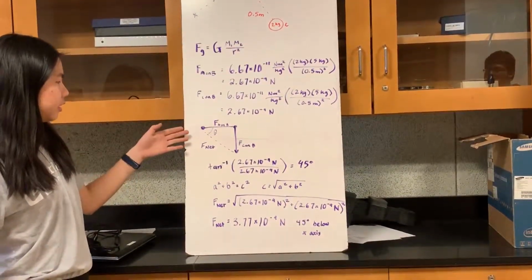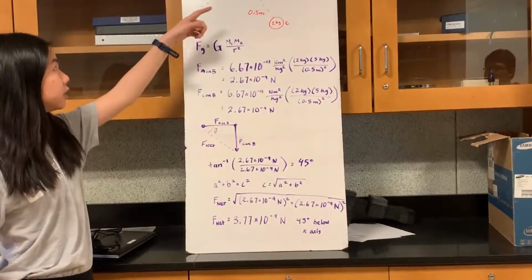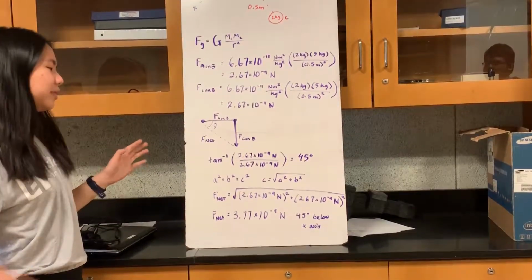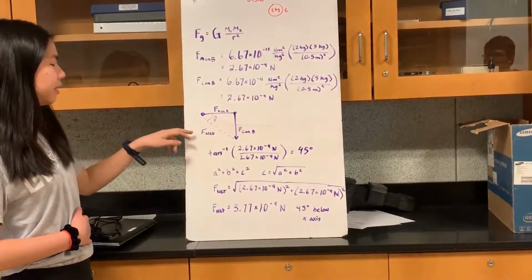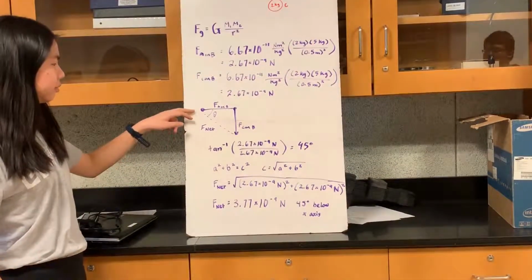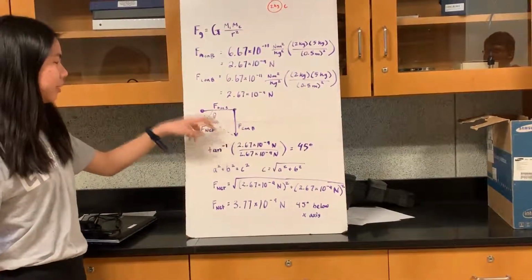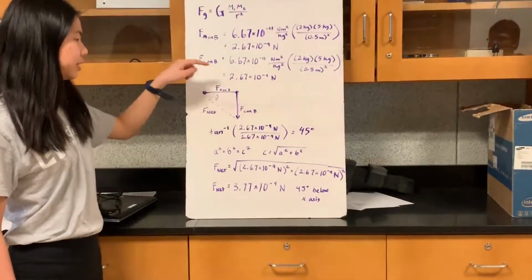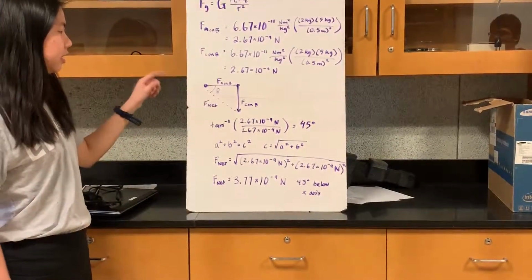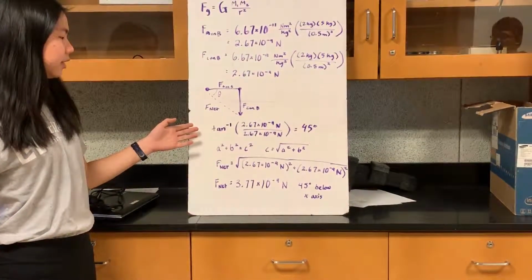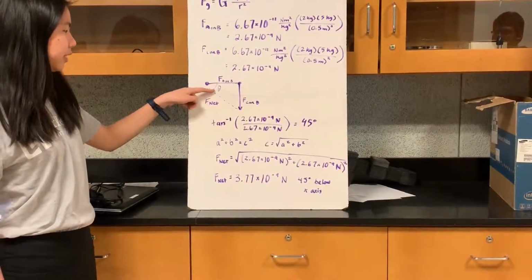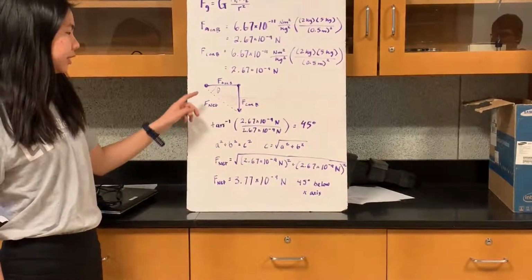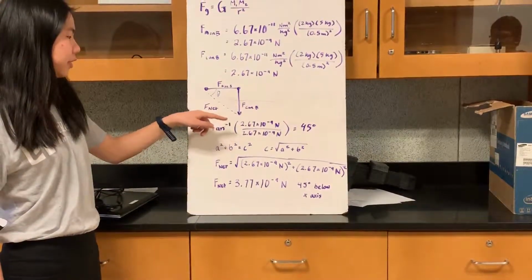After that, you can solve for the direction using a free body diagram. You can solve for the net force by making this diagram, so F_A on B would be in the x direction and F_C on B would be in the y direction. Then you solve for this angle using the inverse tangent, which is the opposite over the adjacent.